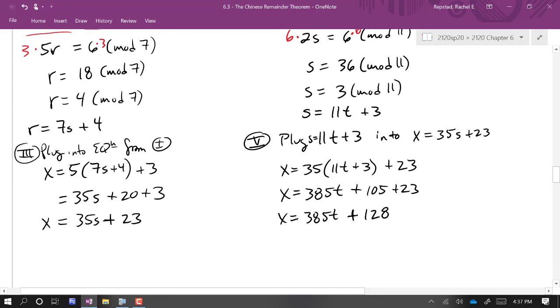And so every integer that satisfies all three of those congruence equations will look like this. That means that this solution is unique mod 385, which is the product of the modulus values. x is 128 mod 385.